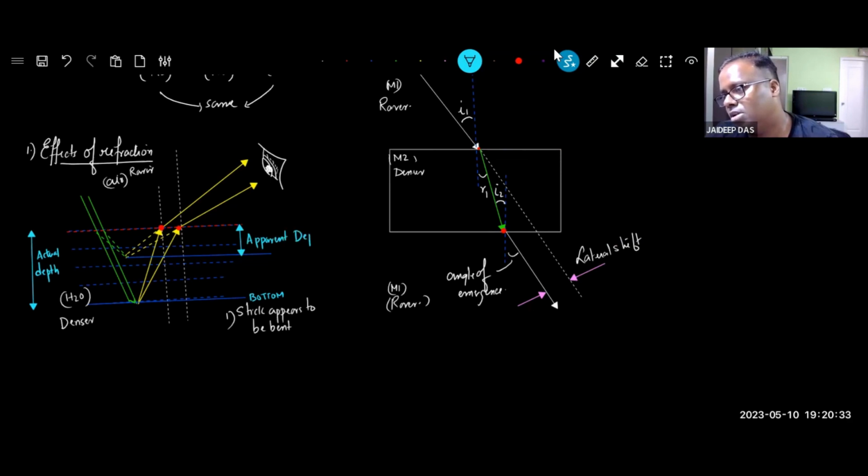So if actual depth is H1 and apparent depth is H2, you have an illusion, or should I say, you hallucinate a difference of depth equal to H1 minus H2.